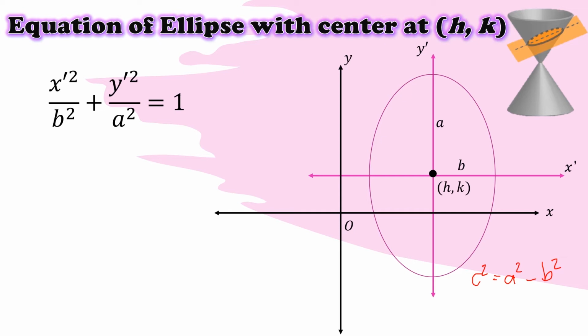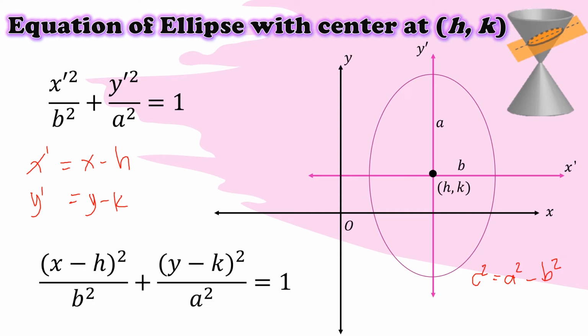Again, from the translation formulas, x prime is equal to x minus h and y prime is equal to y minus k. We have the equation of the ellipse with center at (h, k) and whose major axis is parallel to the y-axis as (x minus h) squared over b squared plus (y minus k) squared over a squared equals 1.